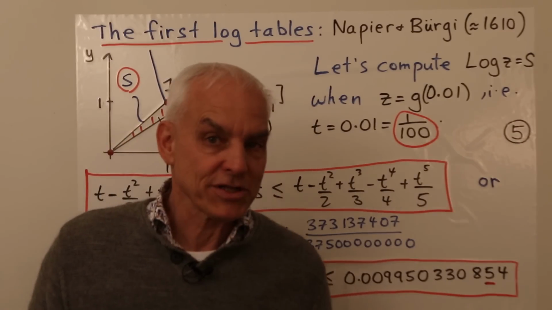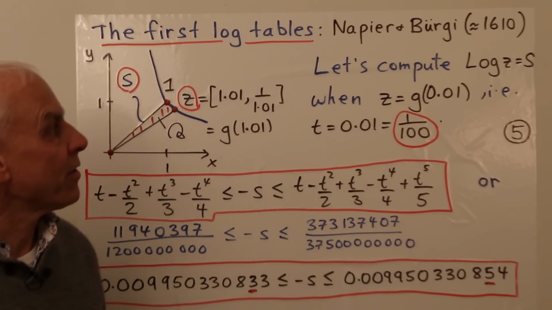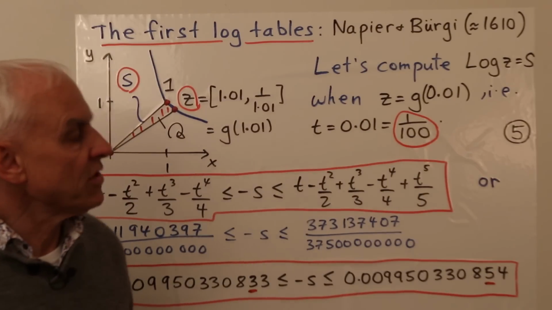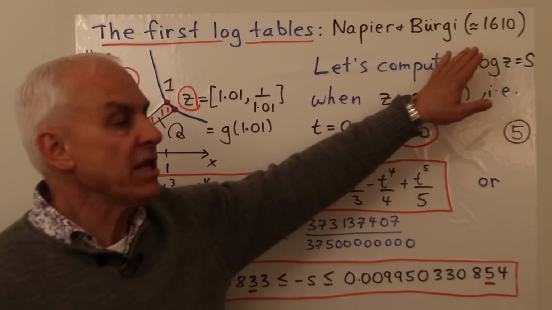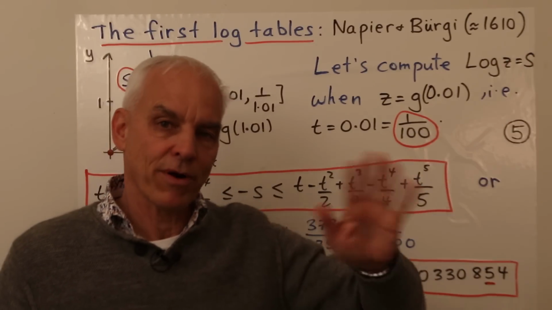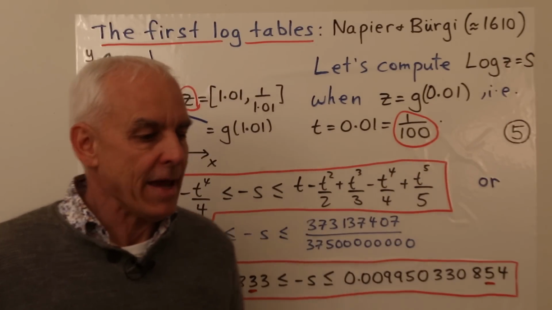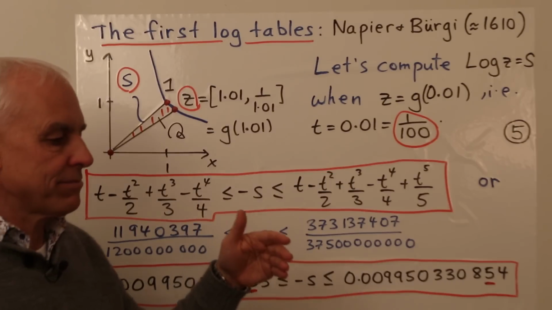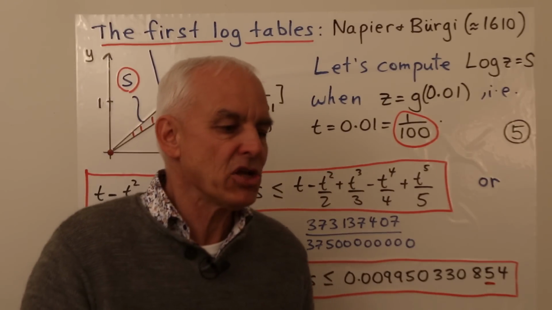Now, the very first log tables were created by the Scotsman Napier and the Swiss instrument maker Burgi around the beginning of the 17th century. So this was before calculus, really. And we're going to be following their basic orientation here.